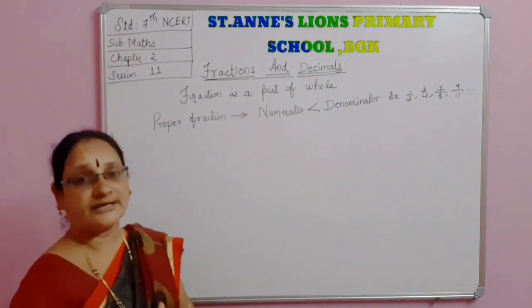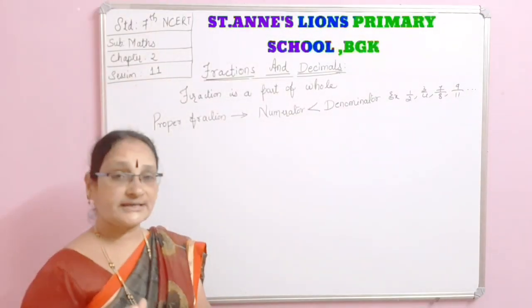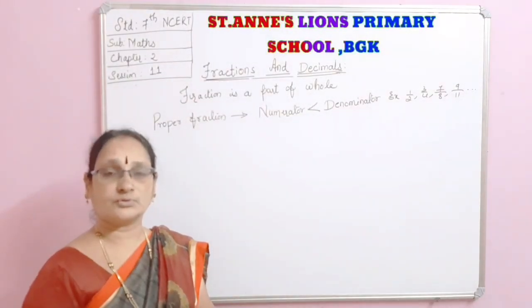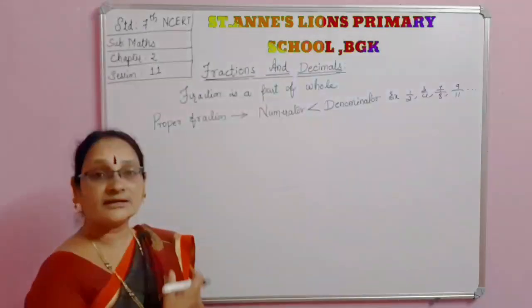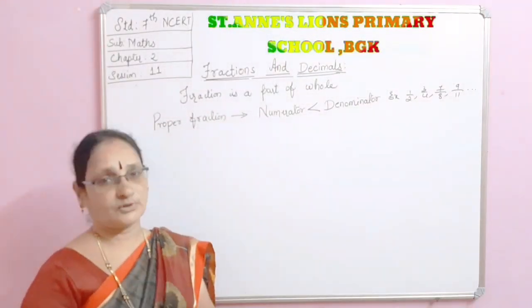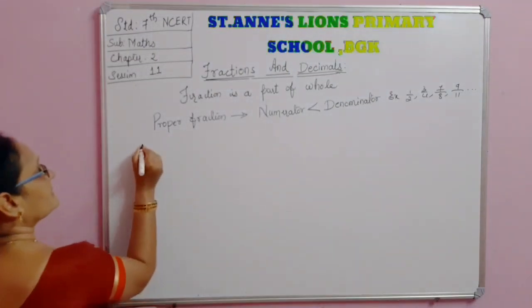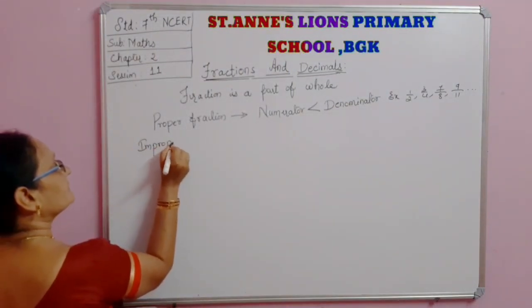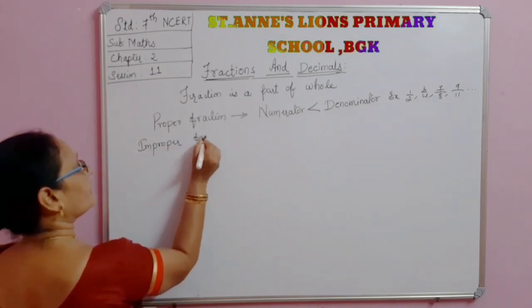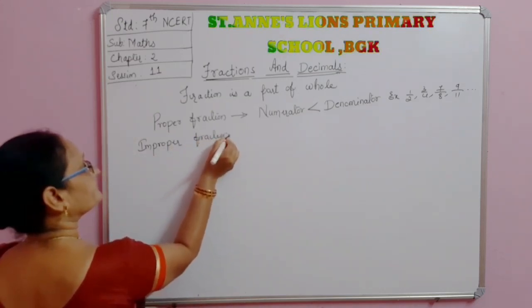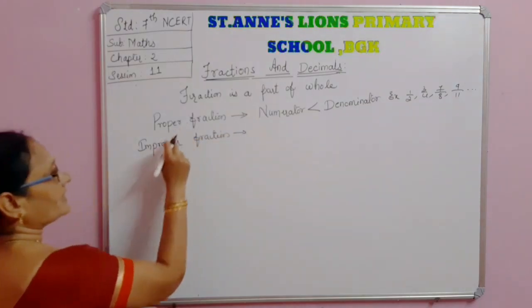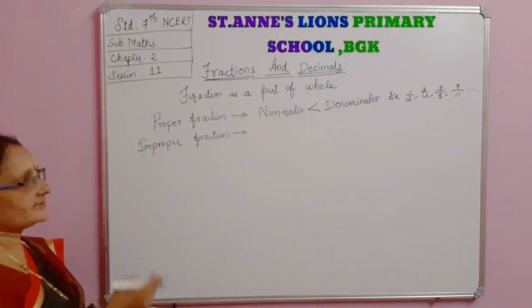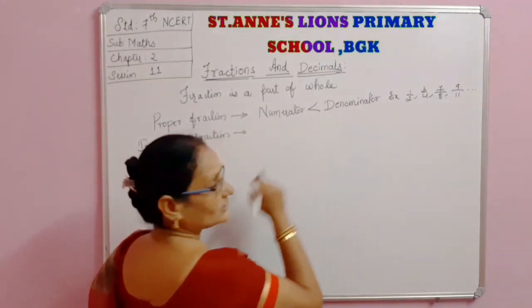This is all you have learnt in the previous class. Just I am recalling those all. Those who don't know also, you can now learn, these are all small things. Then next comes improper fractions. See here, proper, improper, they are opposite.